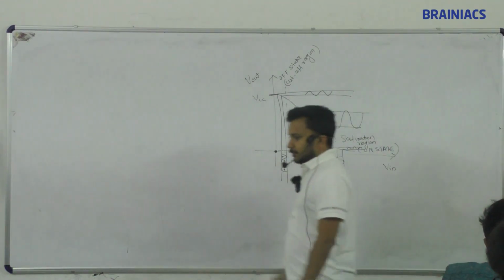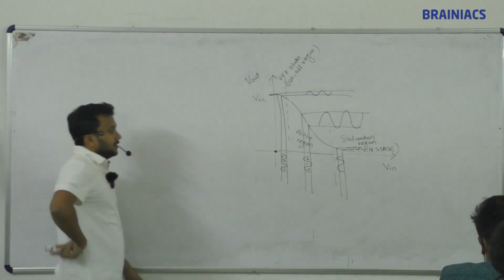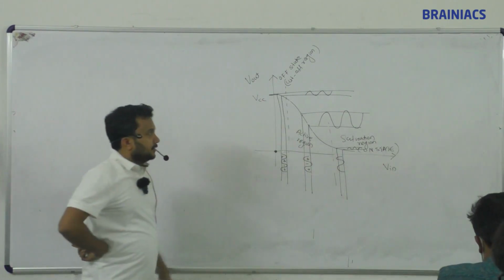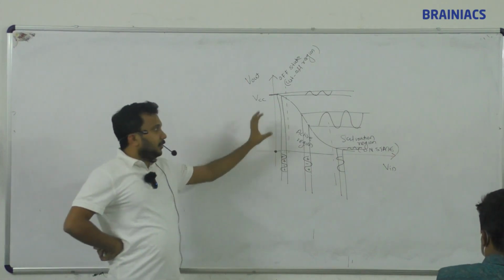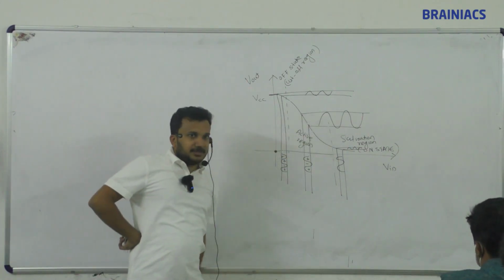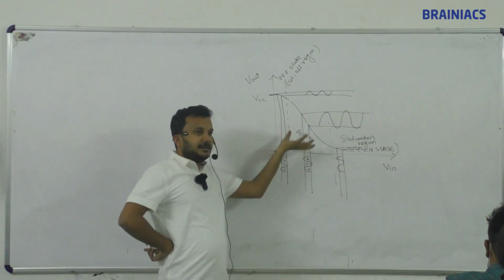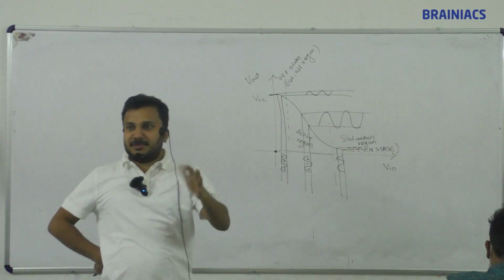Okay, I hope you have drawn it right. Regions: cutoff state, saturation or on state, active region. So actually on the DC line we are giving extra what? AC. So AC is added with the DC. AC plus DC will give rise to an amplified signal.